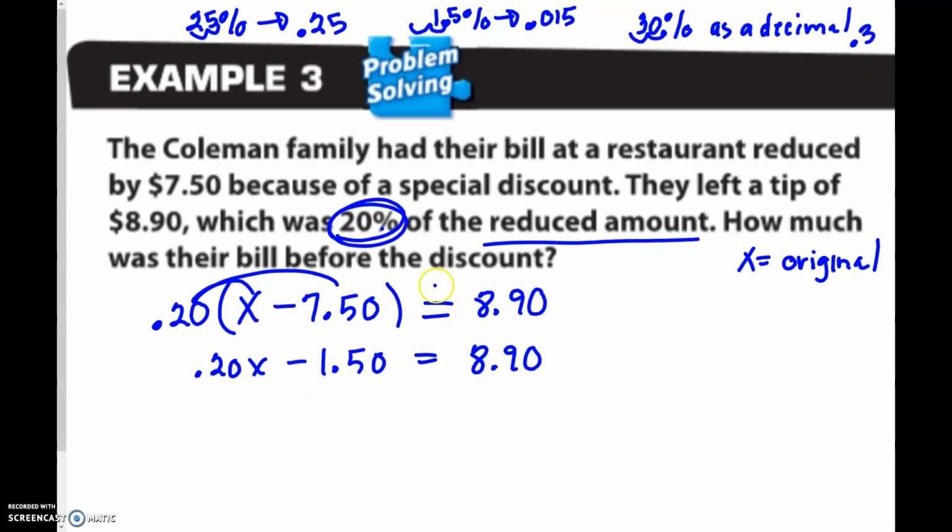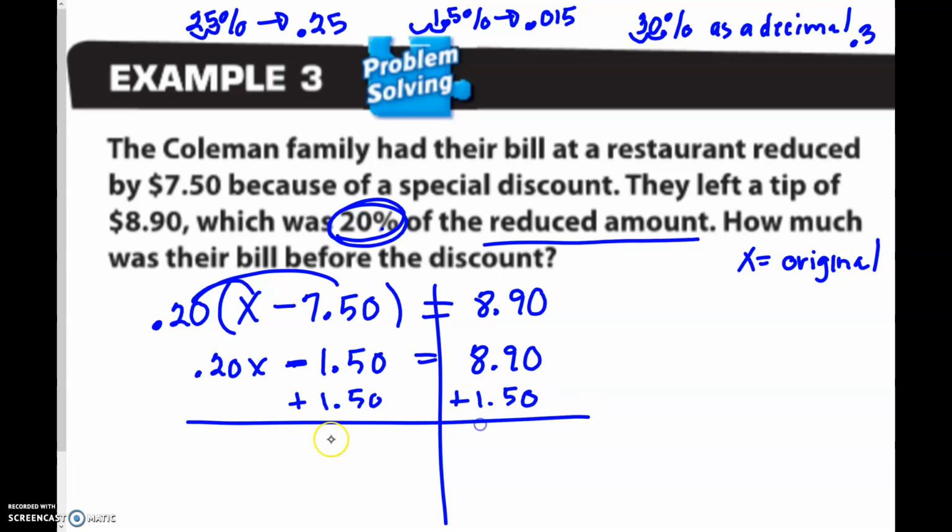So you could just draw your line down, because this is minus $1.50, we're going to add $1.50 to both sides. Remember, what we do on one side, we have to also do to the other side. So we have 0.20x equals, and this is going to be $10.40.